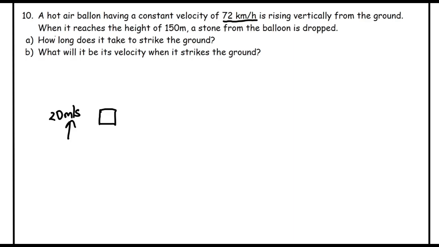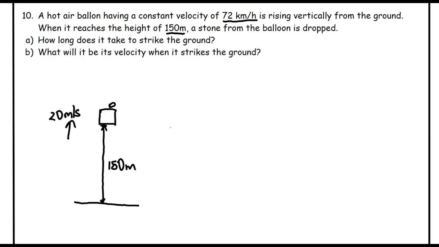Now, what else are we told? When it reaches the height of 150 meters, let this be the ground, then it goes up to a height 150 meters. At this point, we are told that a stone is dropped from it.